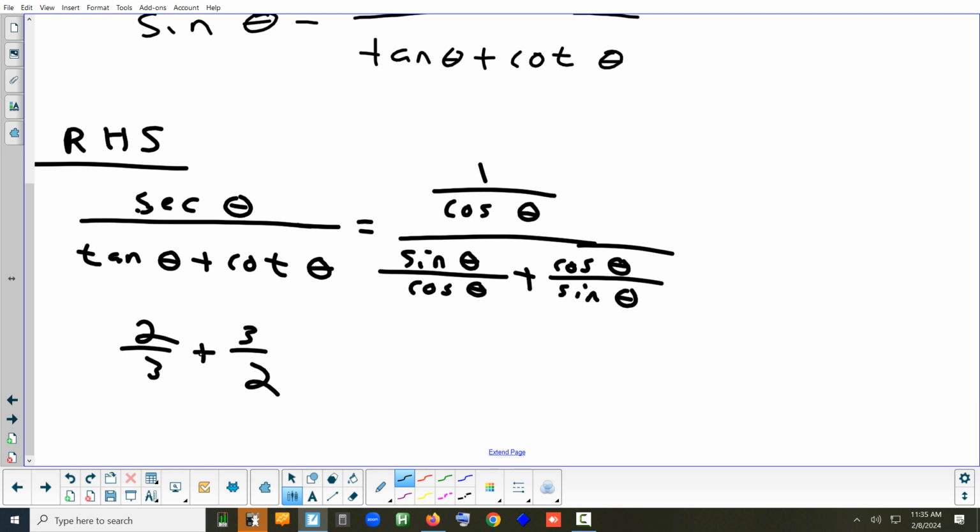Any other thought what we could do with the bottom? You can multiply the left one by a sine and then multiply the right one by a sine. Exactly. So we're going to find a common denominator.